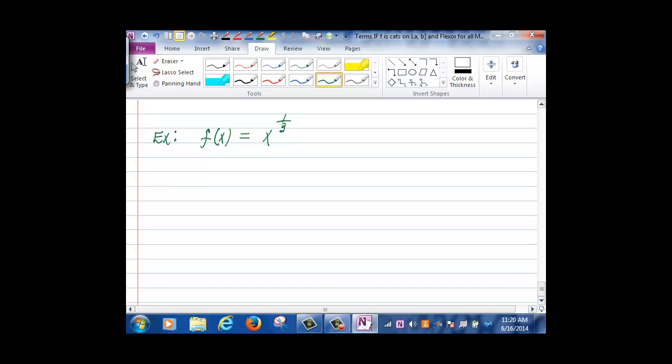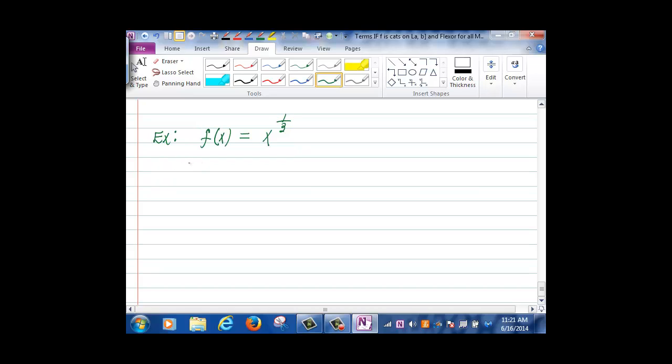So the question would be phrased in the following way: determine where this function is increasing and decreasing, okay? So on what intervals is this function increasing, and on what intervals is this function decreasing? So again, we know that we can determine that by looking at the derivative. If the derivative is positive on an interval, we know that it's increasing, and if negative, it's otherwise, right?